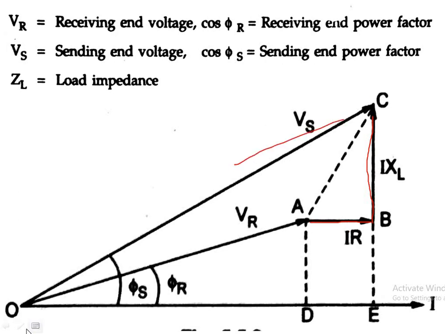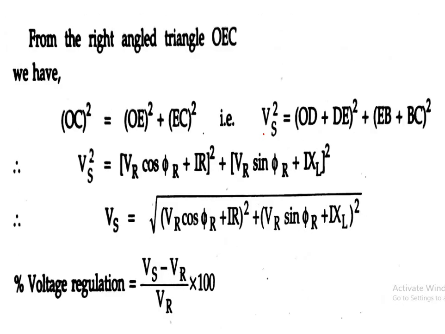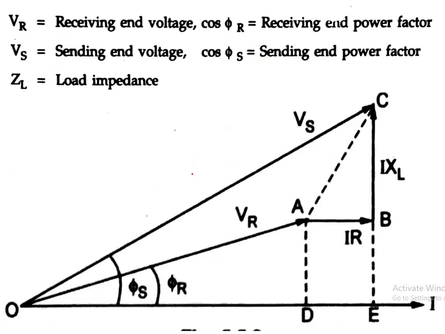So giving the namings, just observe here: OA represents VR and OC represents Vs. Okay. So next write the equation from triangle OEC. Look at the triangle OEC.